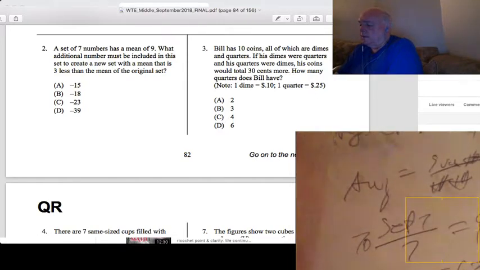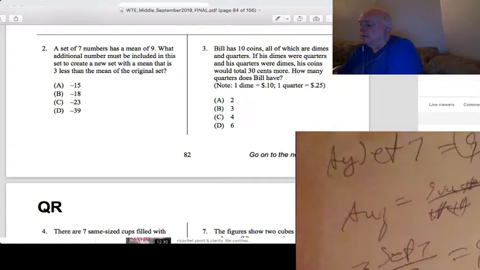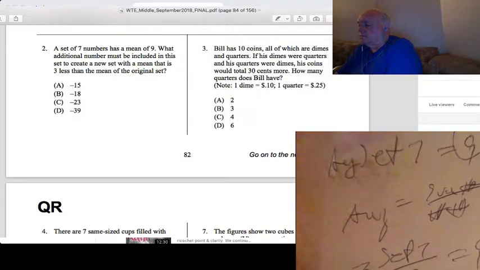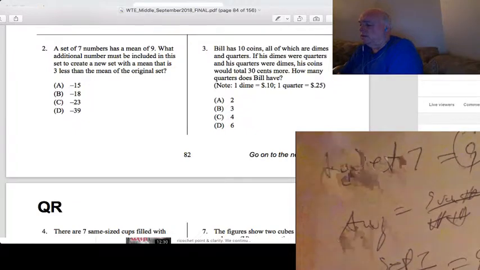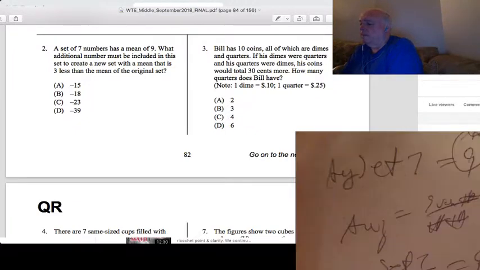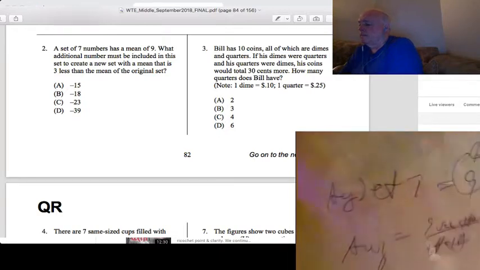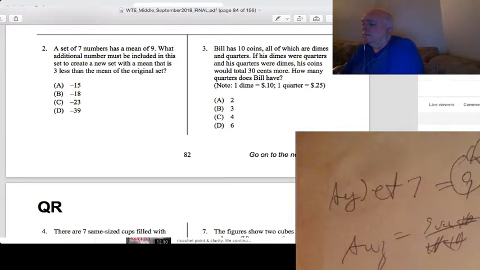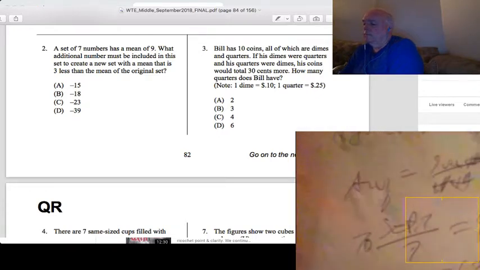So basically we have this set of 7 plus some number, let's call it x, over 8. Since we want a mean of 6 and there are 8 numbers, we're looking for a sum of 48.